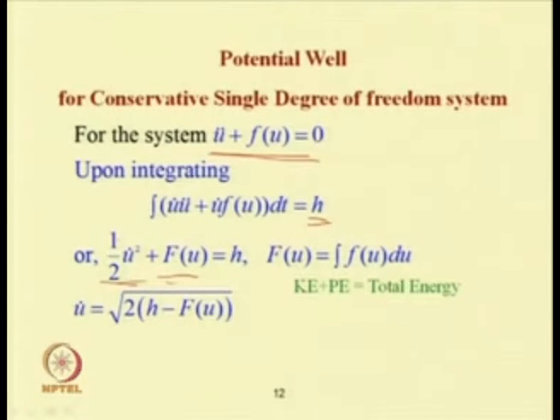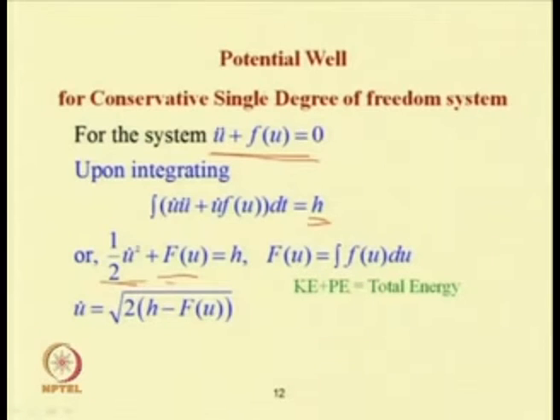Half u dot square is nothing but the kinetic energy and F(u) is the potential energy. So, h will be the total energy, that means this is the conservation of the energy of the system. In this conservative system, the kinetic energy plus potential energy equals the total energy.